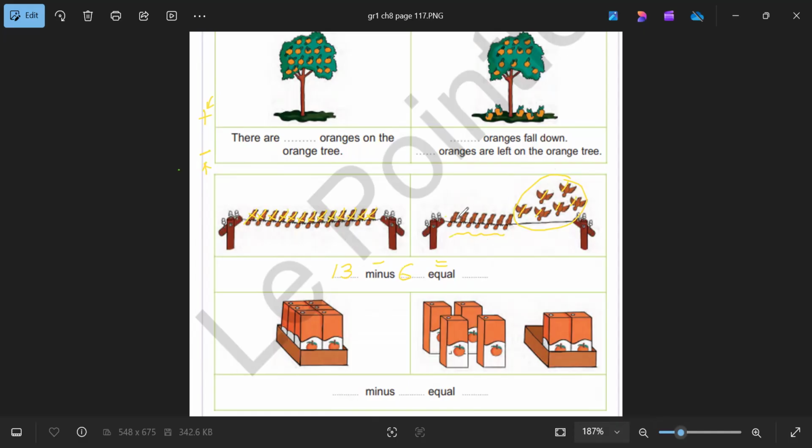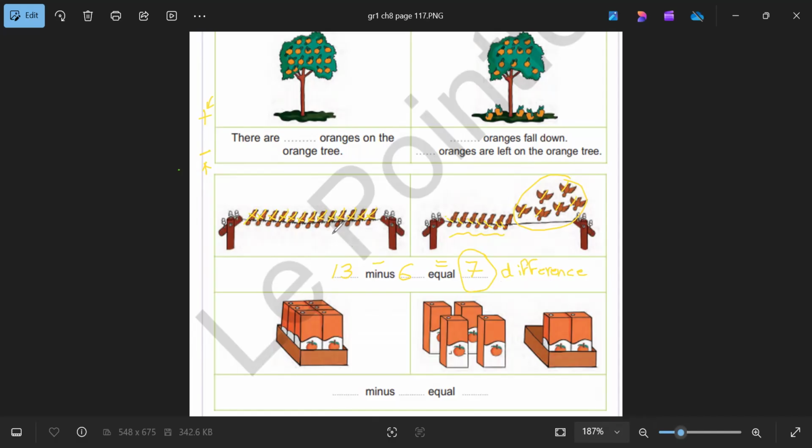Okay? 1, 2, 3, 4, 5, 6, 7. How many birds are remaining, are left on the cable? 7. Okay, and when we deal with subtraction, we call this answer difference. Clear?